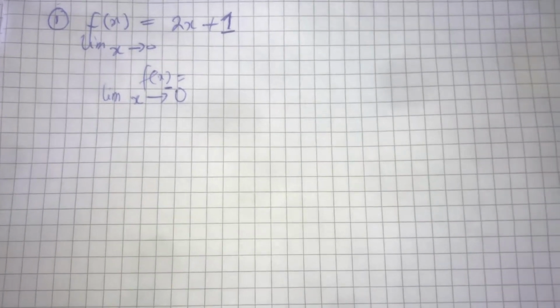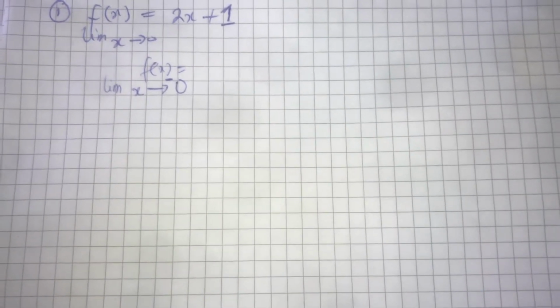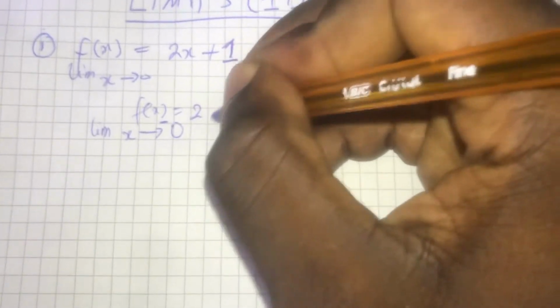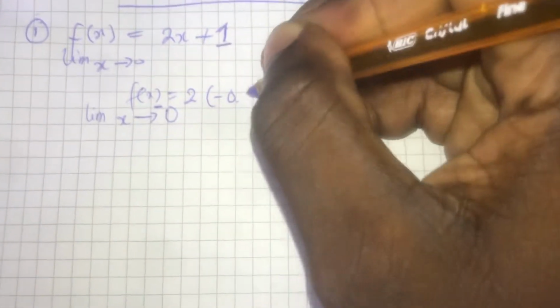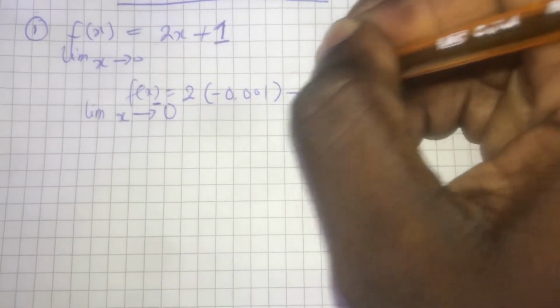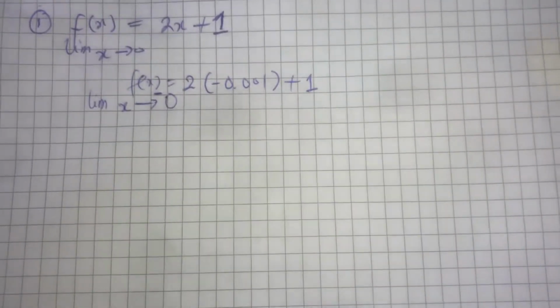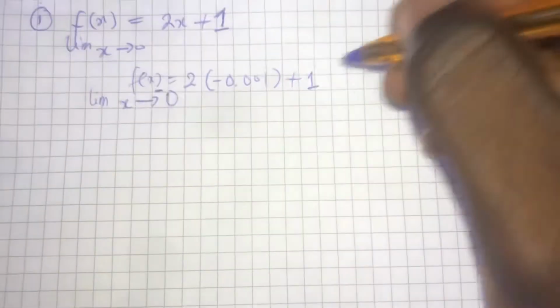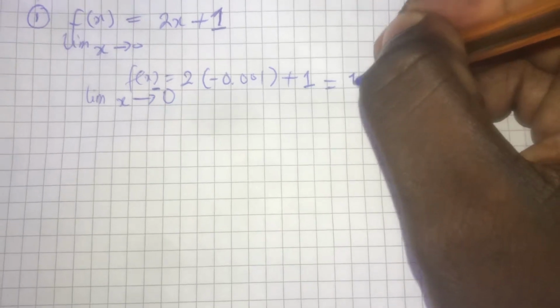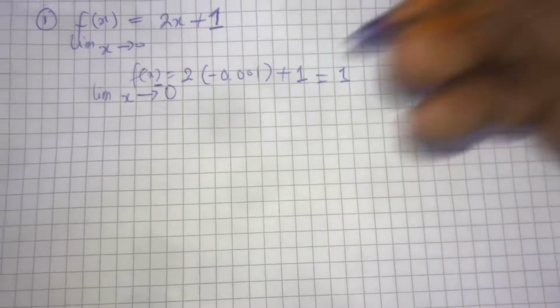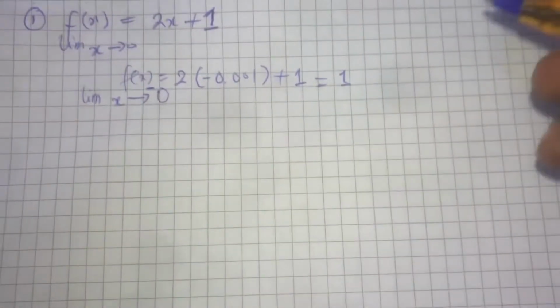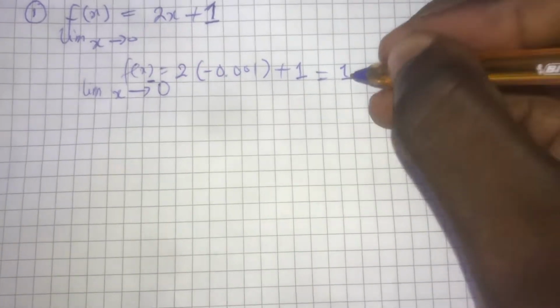So we can take any of these values and put it into the function. So we have 2 times minus 0.001 plus 1. So with this, we have our function to be equal to 1. So the left hand limit of this particular function is 1.